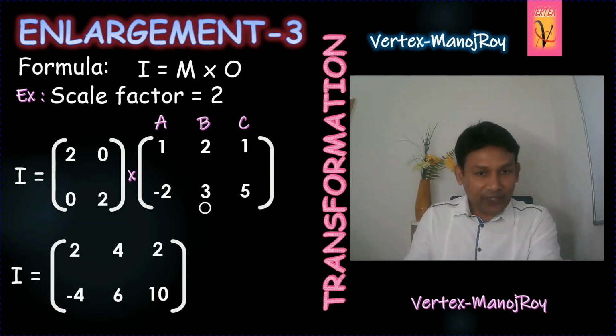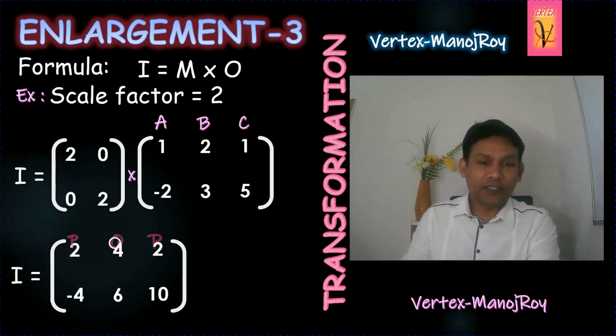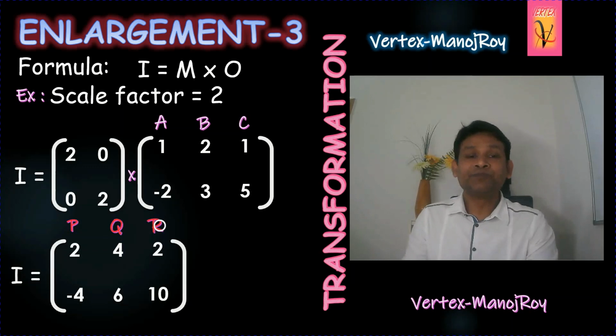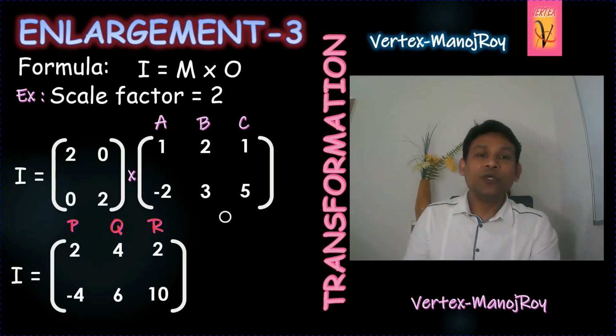These coordinates are the coordinates of A, B and C, and the results will be P, Q and R. So you can write P is (2, -4), and likewise the Q and R coordinates. This is the way we can do matrix transformation in enlargement.